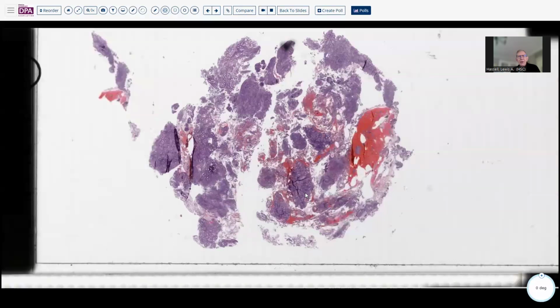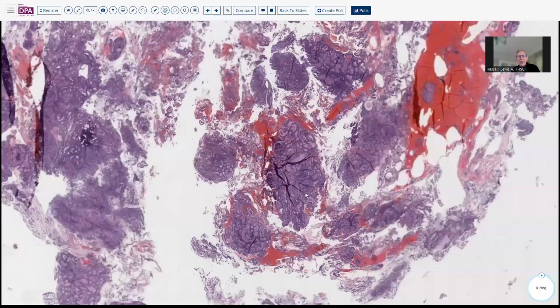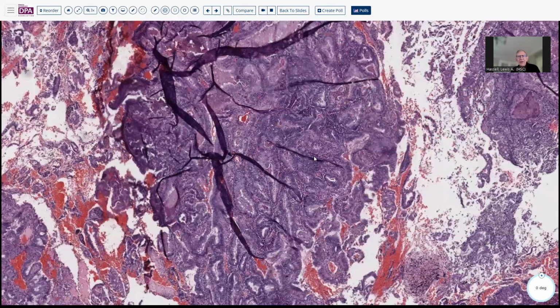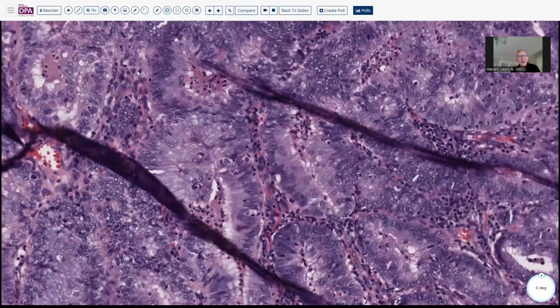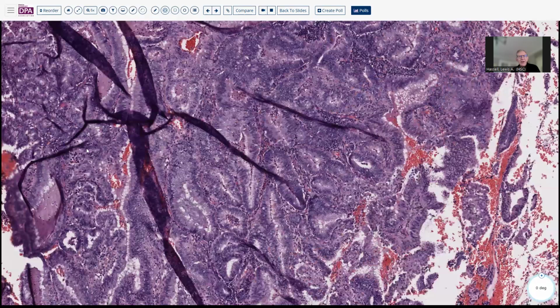Here's another example. Here we can see, again, closely spaced glands, very enlarged cells. And notice that in some of these lumina, we're beginning to get this sort of cellular necrotic features in a few of the glandular spaces.